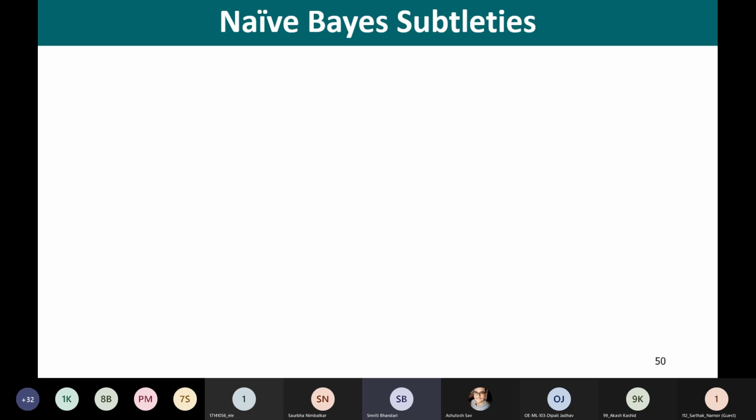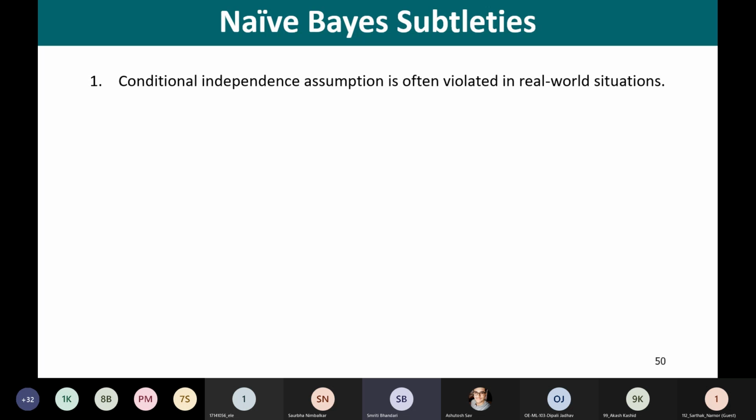Let us talk about a few subtleties of this algorithm. As we stated earlier, the Naive Bayes classifier makes an assumption, the conditional independence assumption: attributes or features are independent of one another.